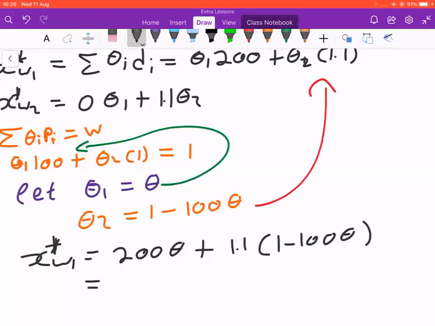And then when you solve this, it's going to be 110, so you are going to have 90 theta plus 1,1. It makes sense, right? You can see now it's simplified.